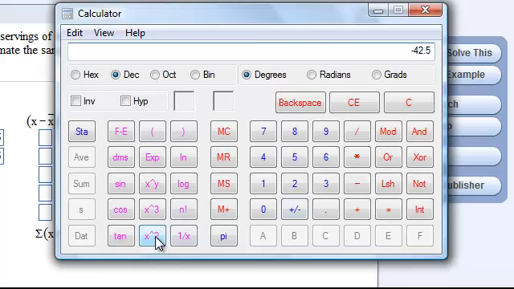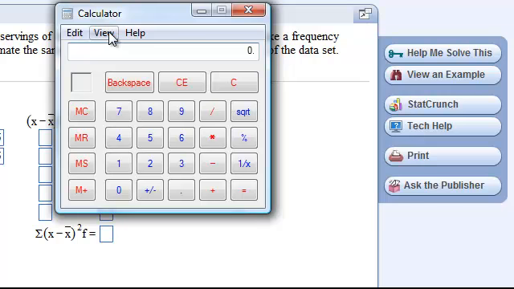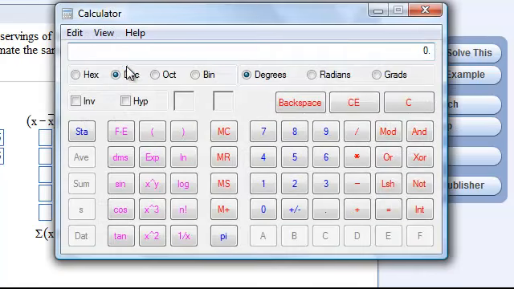If you're using the calculator on your computer and it looks like a standard calculator, you can just go to View and change it to Scientific. And then I can square it here. And notice it is now positive.